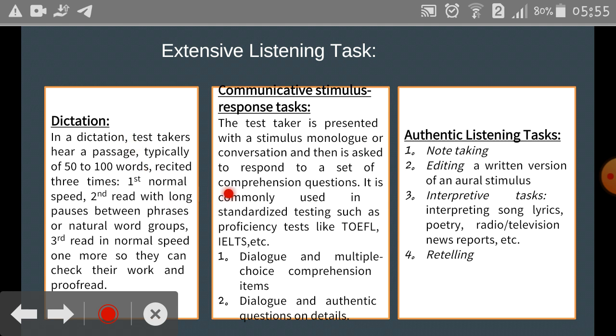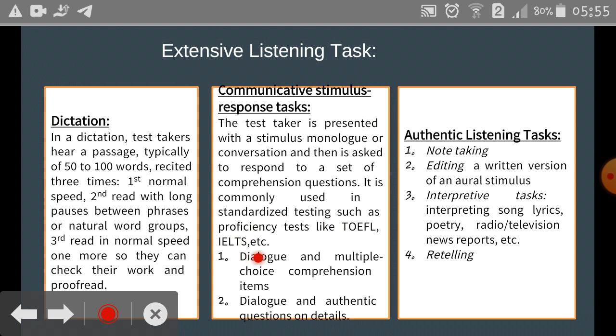Dictation can also be given in maybe a paragraph or two. And second, you have communicative stimulus response tasks. In communicative stimulus response tasks, usually the student is presented with a stimulus monologue or conversation, and then is asked to respond to a set of comprehension questions. It is commonly used in standardized testing such as proficiency tests like TOEFL, IELTS, GRE, or others.